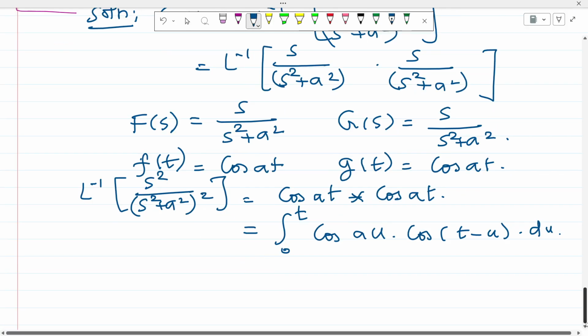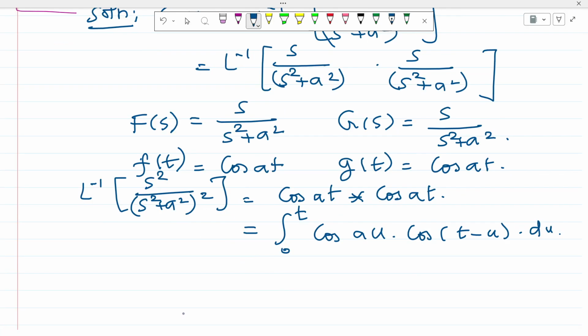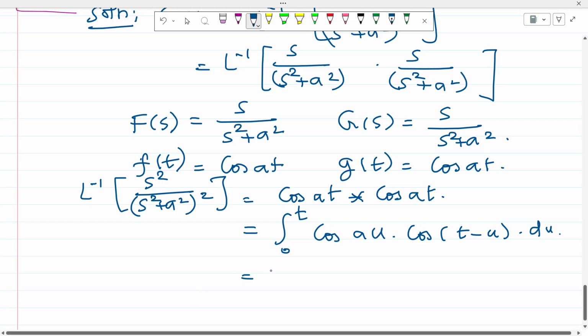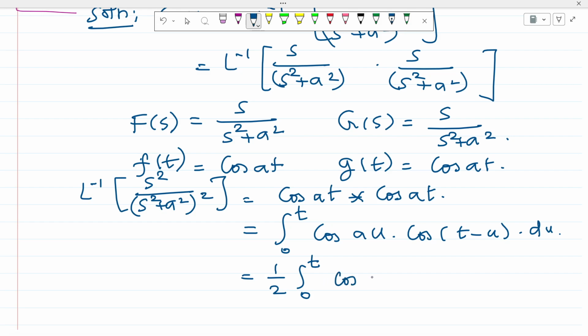Then what is the cos a cos b formula? Cos a cos b formula is 1 by 2, integral over 0 to t, taking 1 by 2 outside, cos of a plus b plus cos of a minus b. What is a minus b?